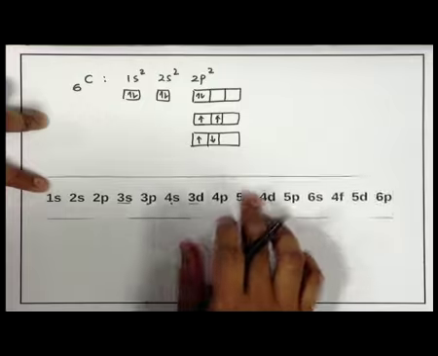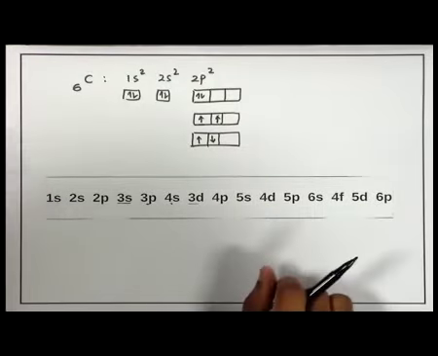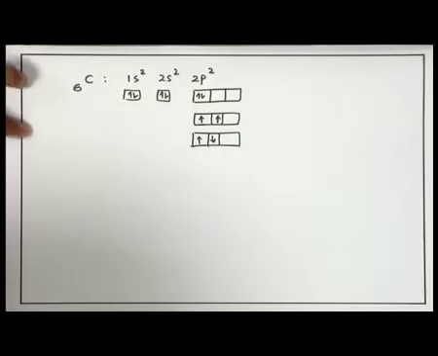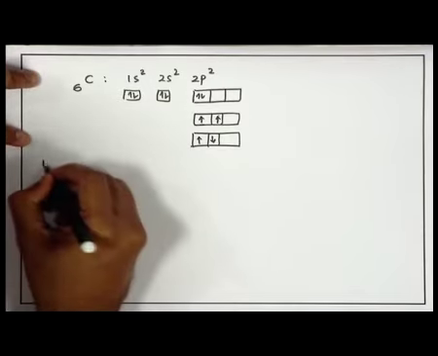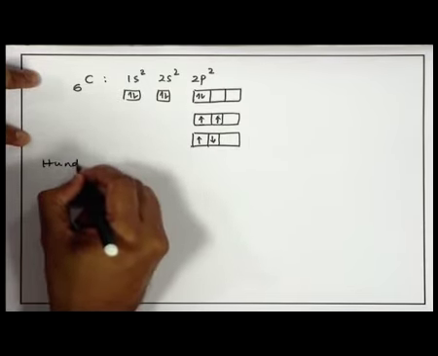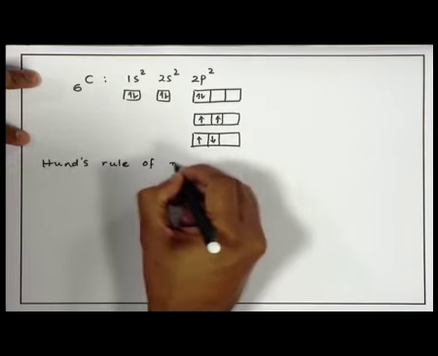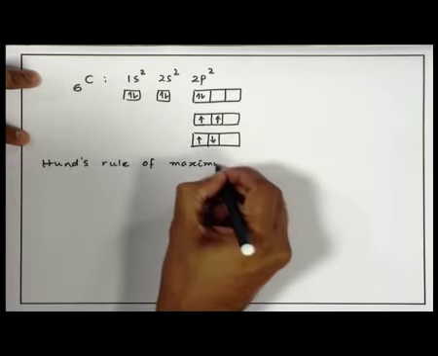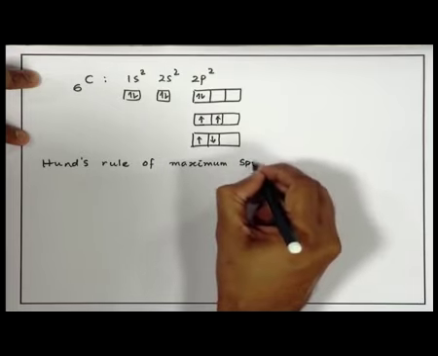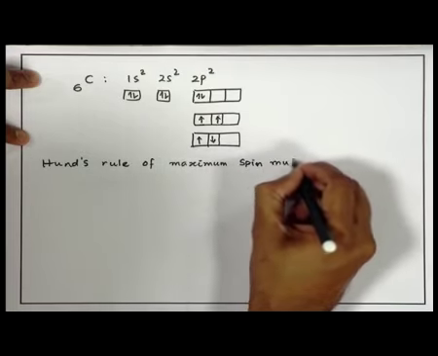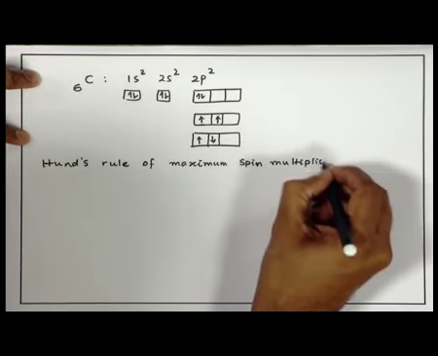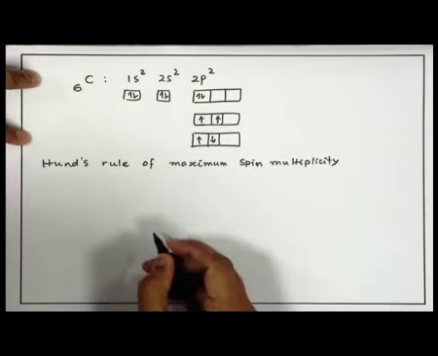But which of them is the correct one? The answer to that question comes from Hund's rule of maximum spin multiplicity. What does it tell?